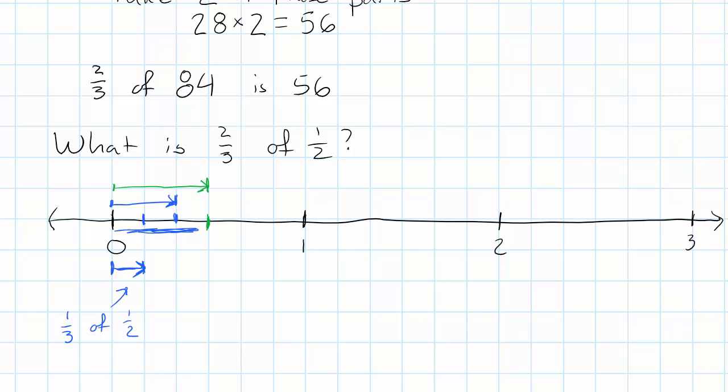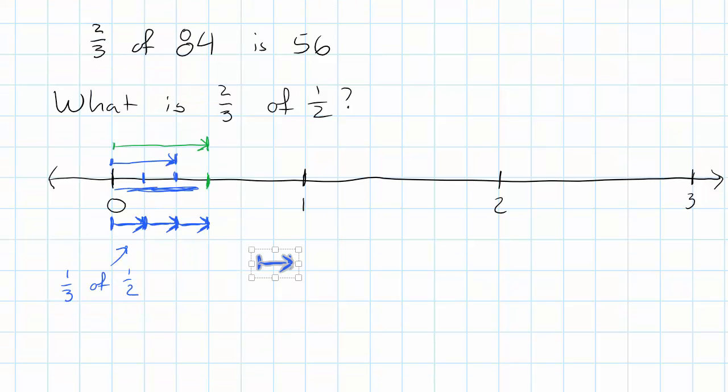Now let's look at these and say, well, how many of these little guys does it take to make a whole unit? Right, so here's 1, here's 2, and 3, 4, and 5, and 6.